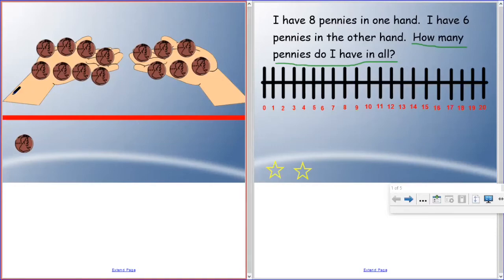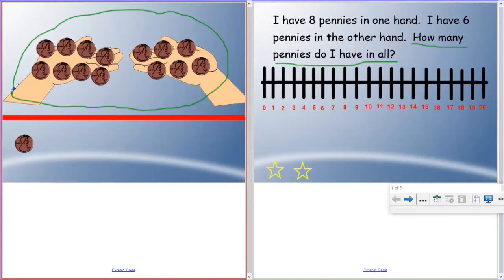I'll draw a circle around the sets to show that I'm joining them together so that I can count how many I have in all. When I join sets together, that means I'm doing addition. Addition is the operation we do when we join sets together.